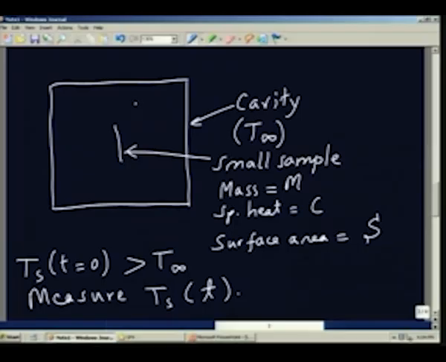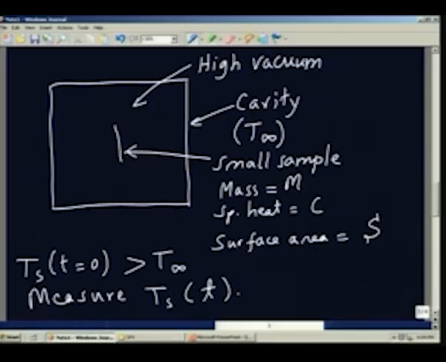We will assume for the moment that there is a high vacuum inside. That means there is no heat loss from the sample by conduction to the medium or convection to the medium.